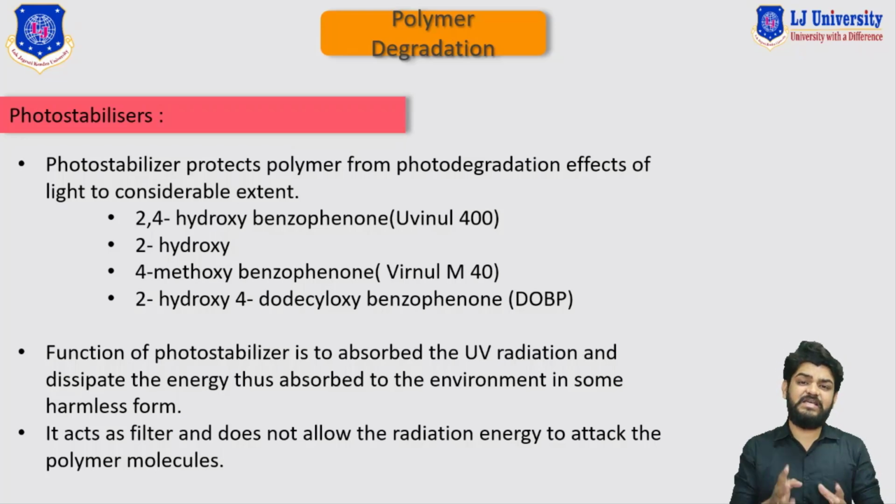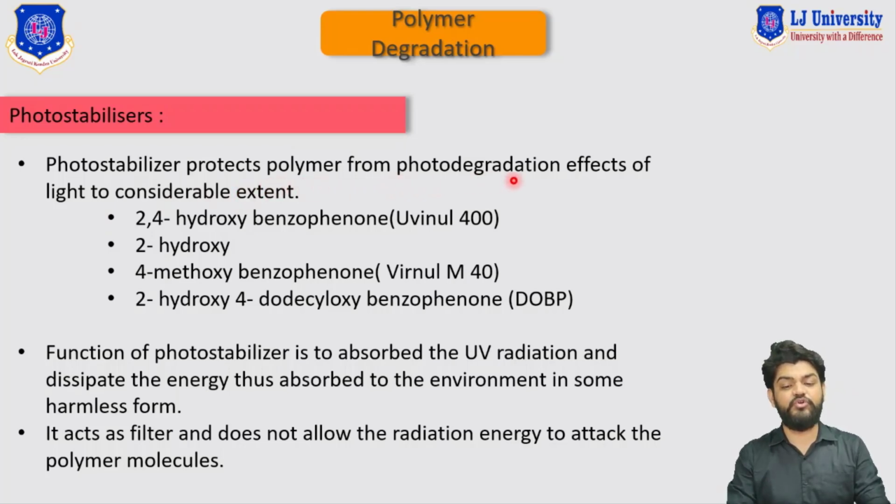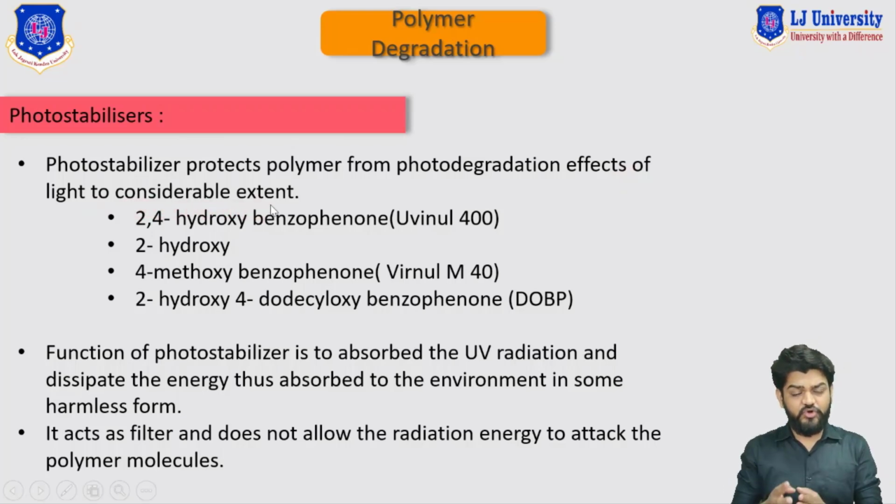As you can see here on the screen, photostabilizers are a kind of compound that protects our polymer from the photodegradation effect of light to a considerable extent. They are nothing but a special kind of substance which protects our polymer from ultraviolet rays.